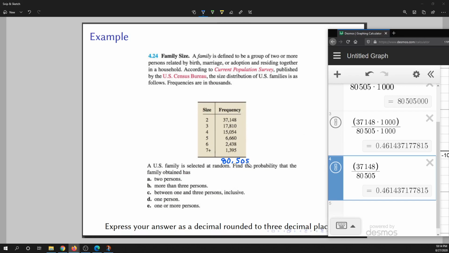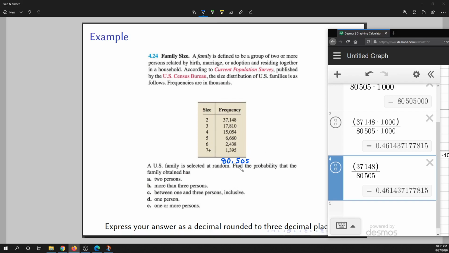Now, if you are just reporting the numbers themselves, if you go and say, yeah, we counted up all of the families in the United States and there's 80,505 of them, people are going to be going, wait a second, that doesn't seem right at all. There's a lot more people than that in the United States. So if you're just reporting these as counts or frequencies, then you probably need to adjust that.